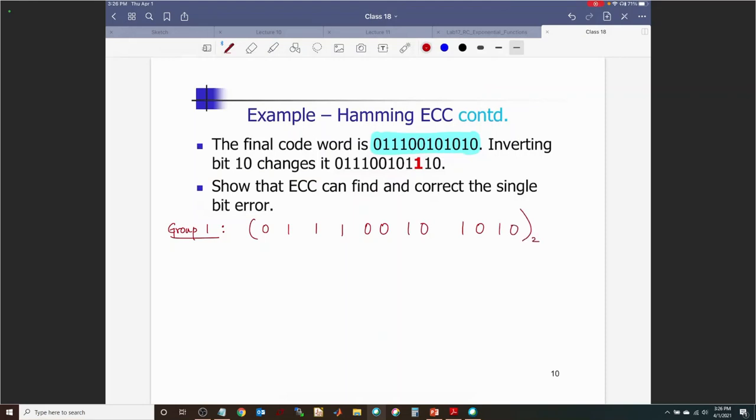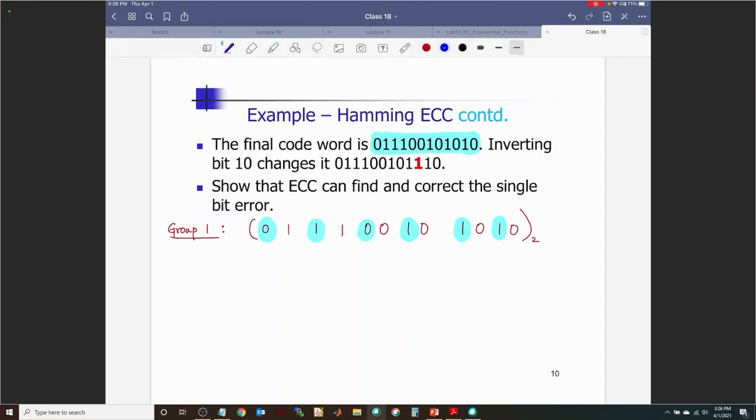That's my group 1, which I'm going to highlight in blue. What is group 1? All the odd locations, alternating.